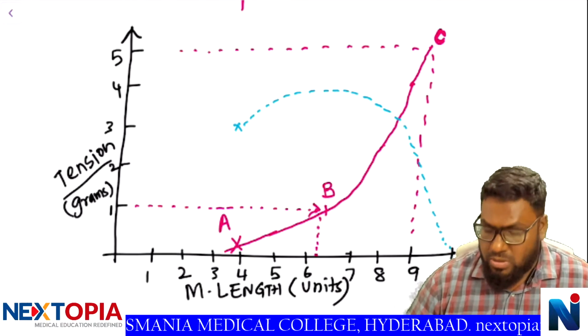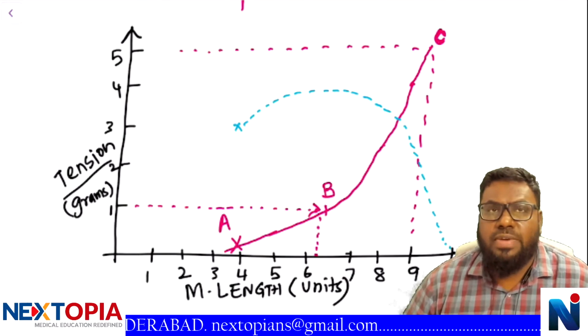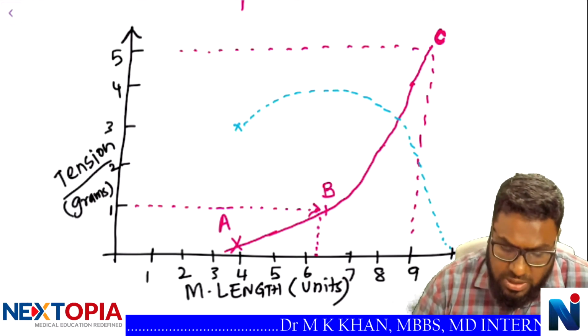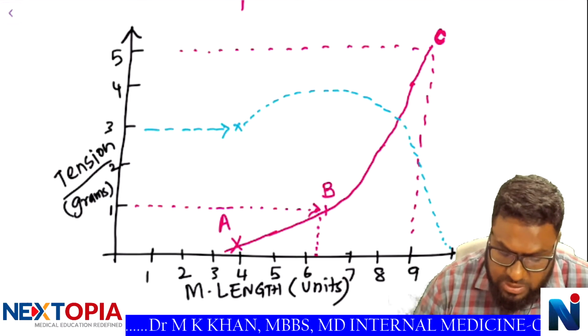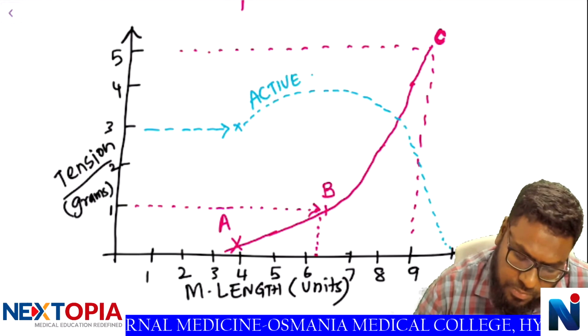So how to explain this? Let us try to explain this. Whenever there is no preload, the muscle has a contraction of around 3. This is active tension.